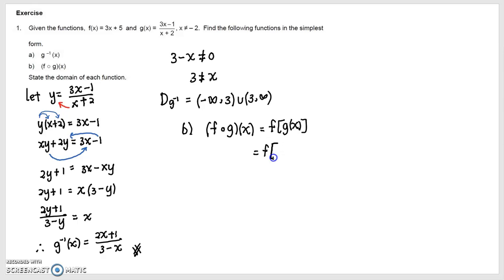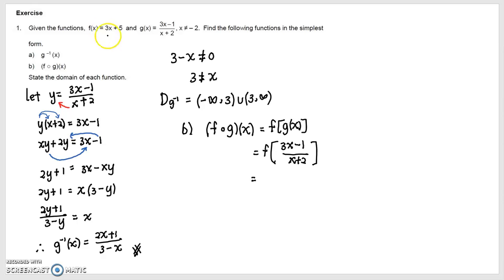Our function of g(x) is the fraction 3x minus 1 over x plus 2. Substitute into the function of f.